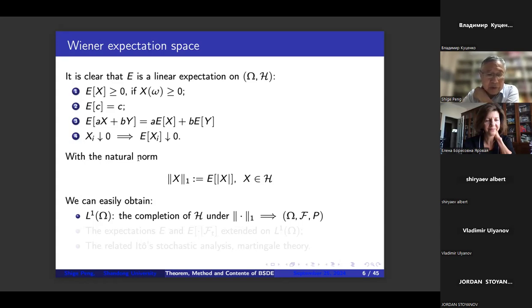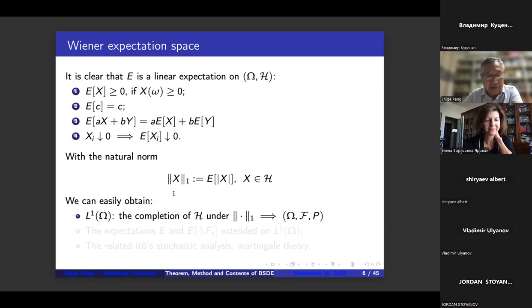But the important thing is that we already have a norm, the important norm of L1, which is just defined.